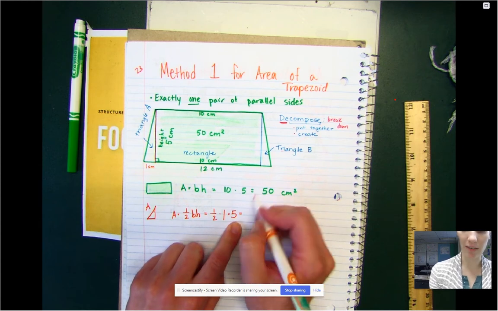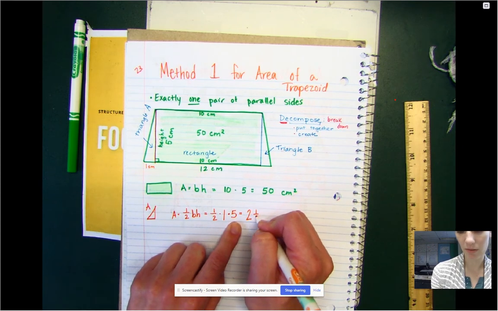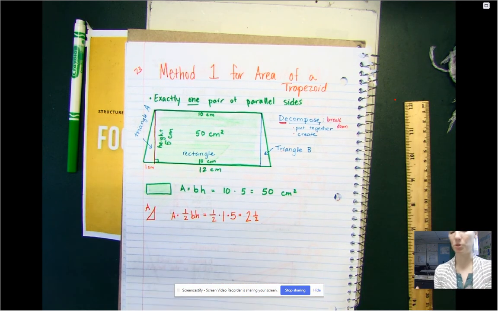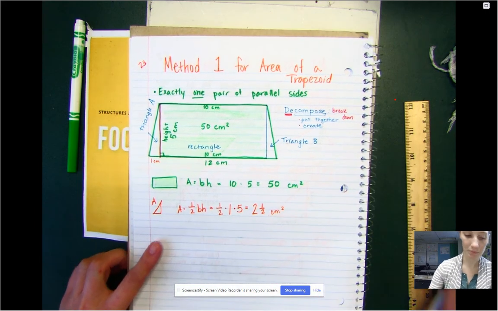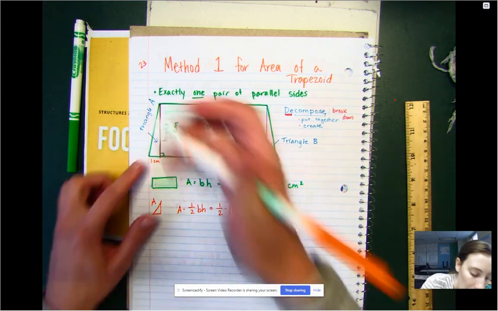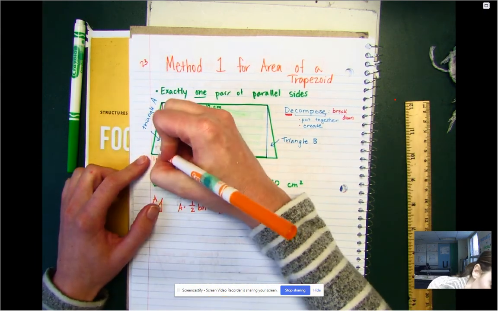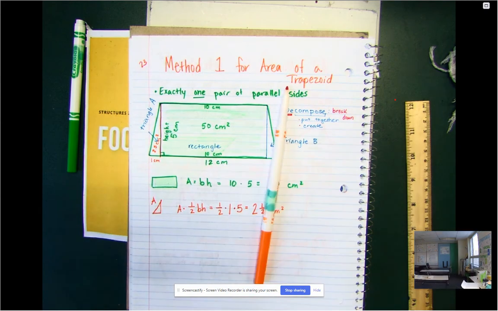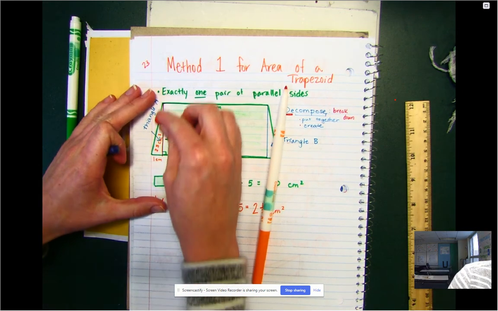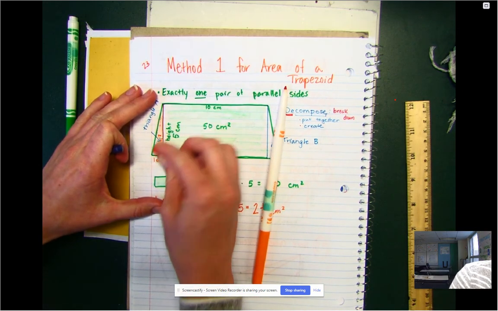Half times 5 is 2.5. Or 5 halves, which would equal 2.5. Okay, 2.5 centimeters squared. So now I found that area, sorry, not to be confusing.